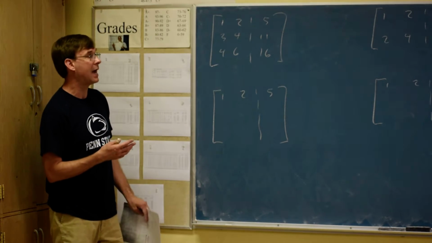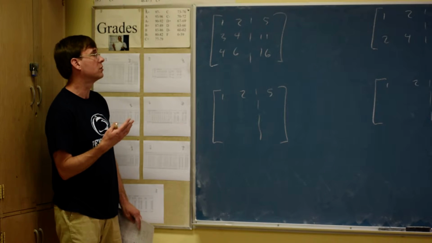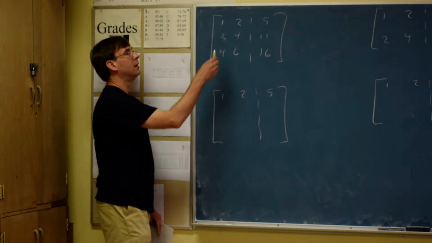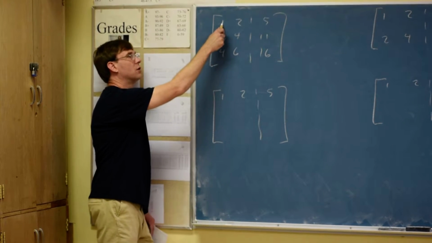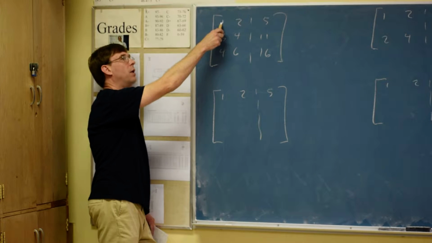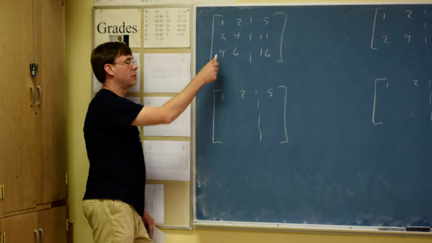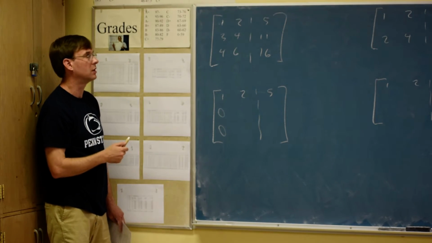The way we're going to attack these systems is to go back to what we were doing the first day of solving systems with matrices. When we did that, we always left the top row alone. And what we tried to do is use this top left corner, hopefully a 1 or our smallest number, to make zeros underneath it and make ourselves a simpler system.